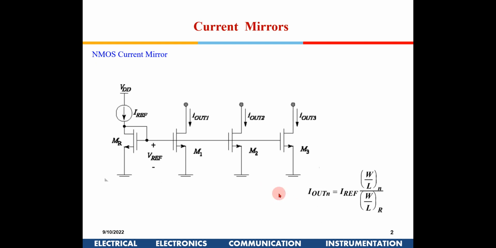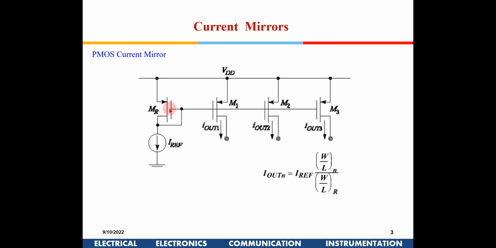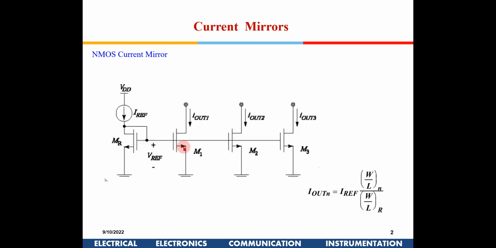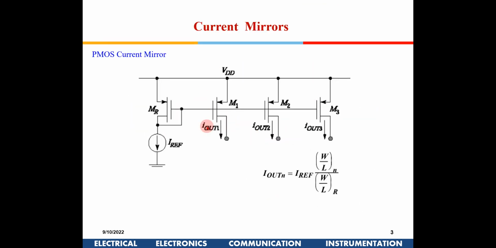Correct. Similarly, these are known as sinking currents. I can have sourcing currents also. From VDD, I can have these transistors connected, and they will give a constant current. That constant value required for biasing can be set by using a PMOS and an I reference. So earlier was a sinking current, and this is a sourcing current.